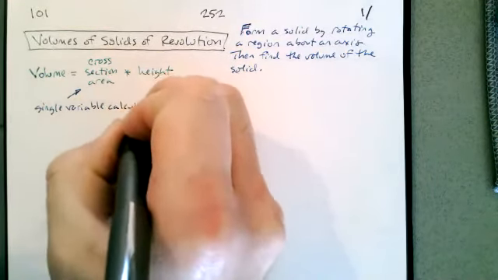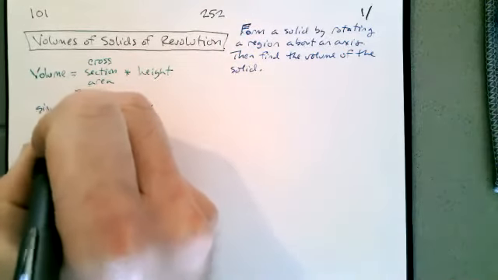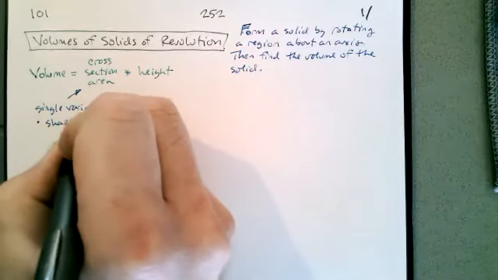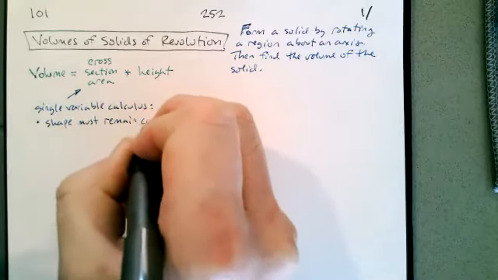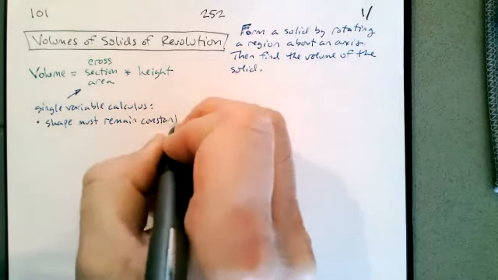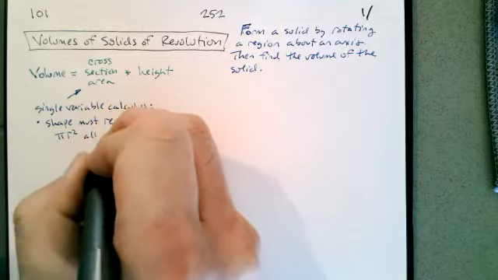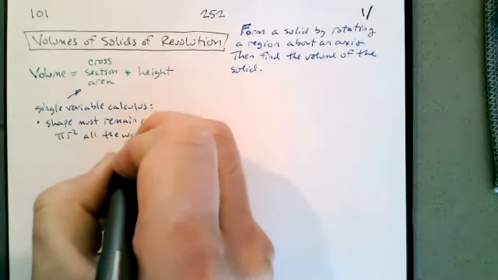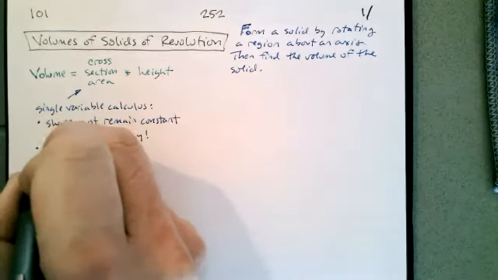In single variable calculus, the shape must remain constant. It's got to be pi r squared all the way down. But the size can be variable.